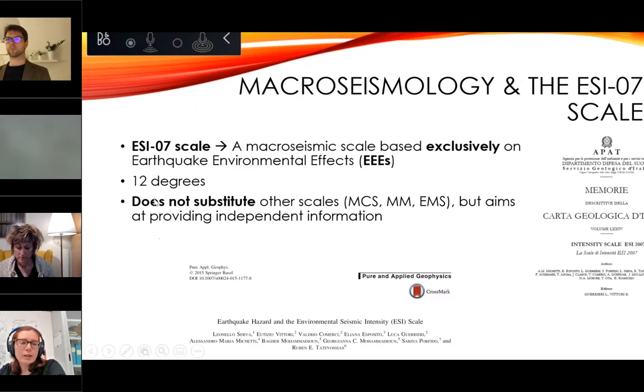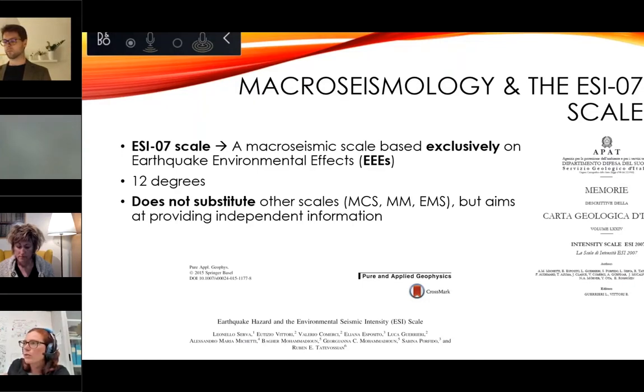As most of the other intensity scales, it is a classification, first of all, and it has 12 degrees. The main point I want to stress is that this scale does not aim at replacing the former macroseismic scales that I described before, but the general aim is to provide independent information.